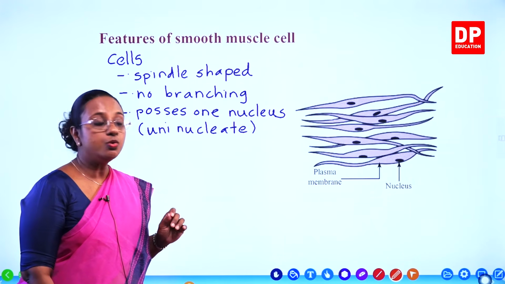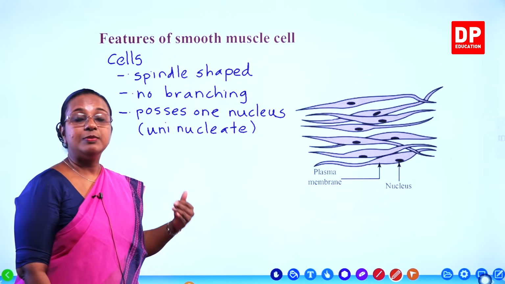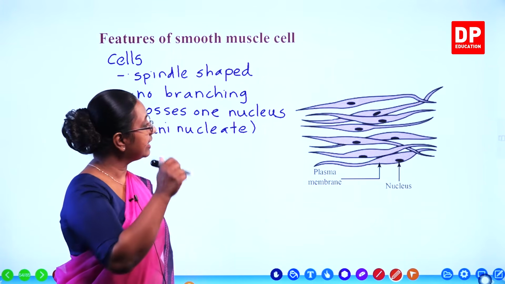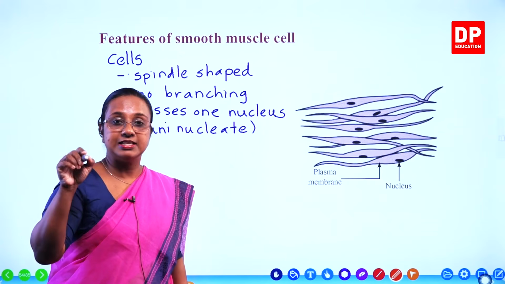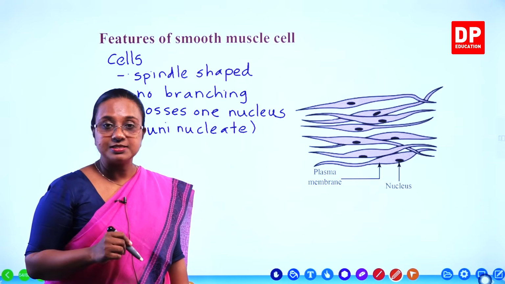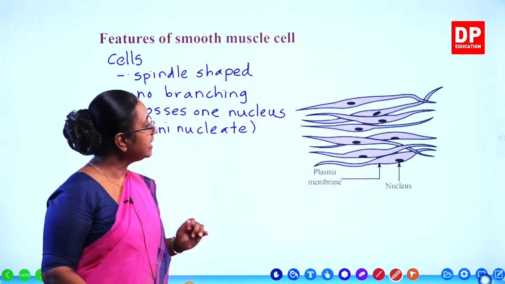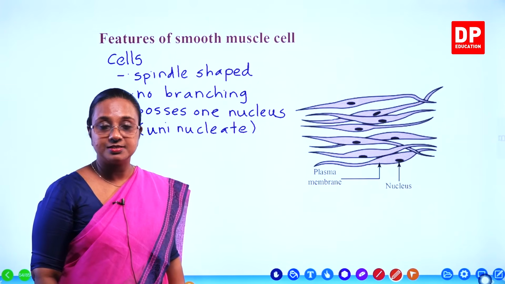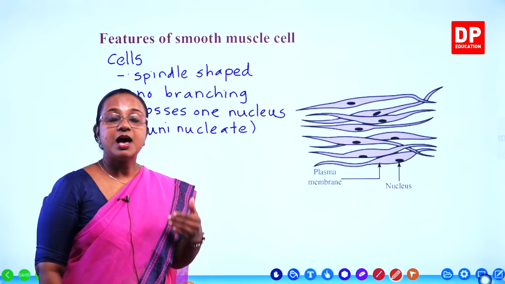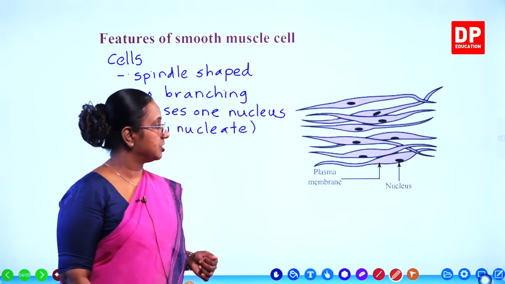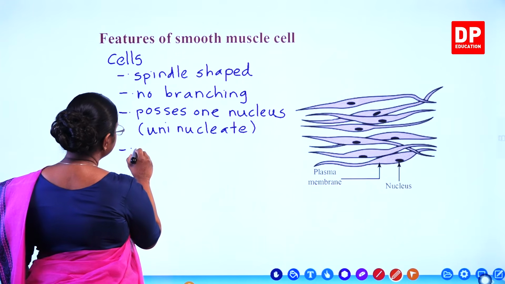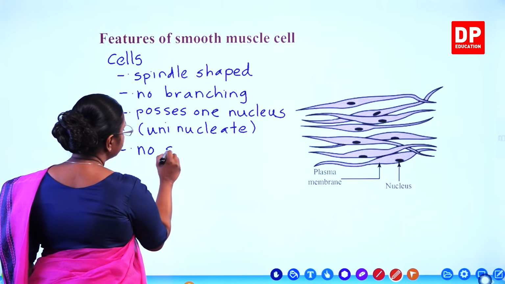There are no striations. When we discuss the other two types of tissues, you will see that there are cross lines across the muscle fiber. But that is absent in these smooth muscle cells. So that means there are no striations. So that is another feature of the smooth muscle cell. No striations.